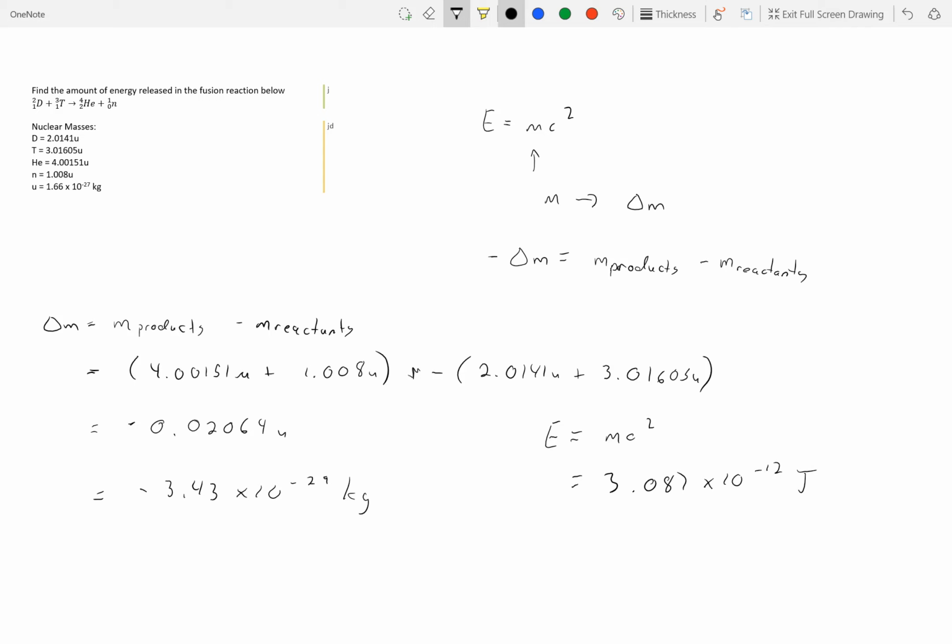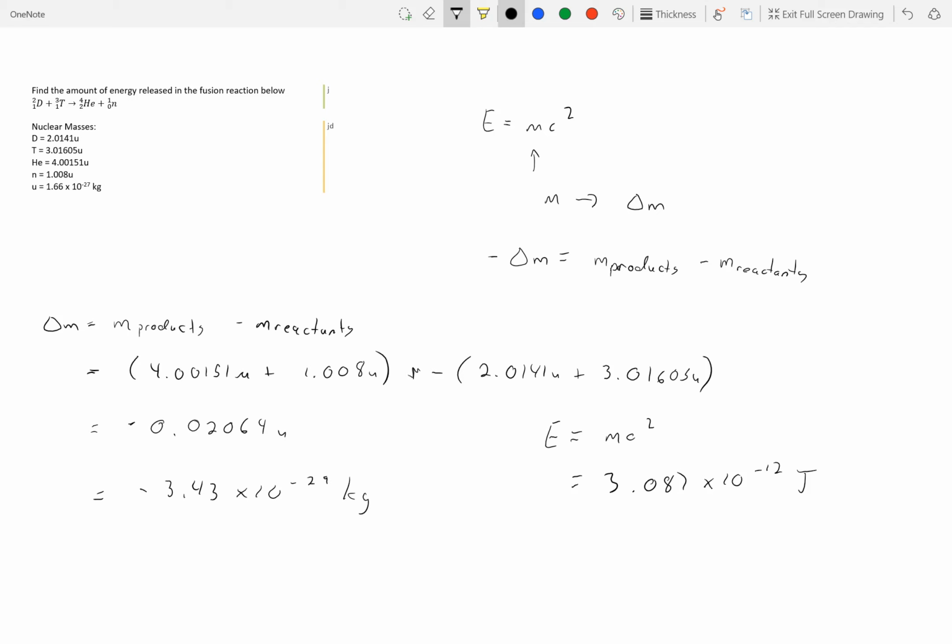That doesn't seem like very much energy, but if we consider the fact that that's from one atomic process, that's an enormous amount of energy. Usually when we think about energies, we're thinking about the energies that result from a whole bunch of atoms, tons and tons of atoms reacting. So when we come up with this energy for just one process, it is a huge amount of energy.